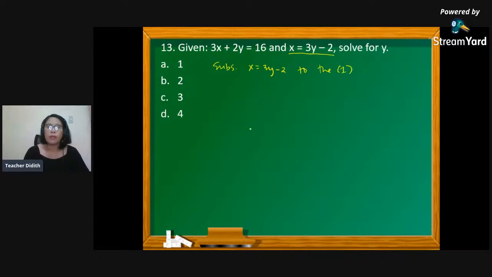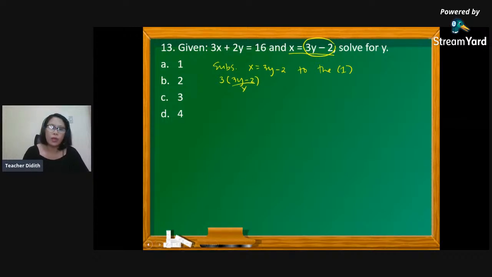So we have 3. Instead of writing x, we write the value of x, which is this one. So we have 3y minus 2. This is 3x. So this is the value of x.